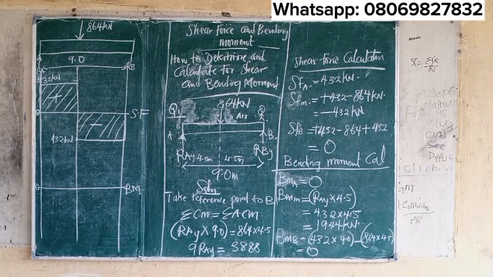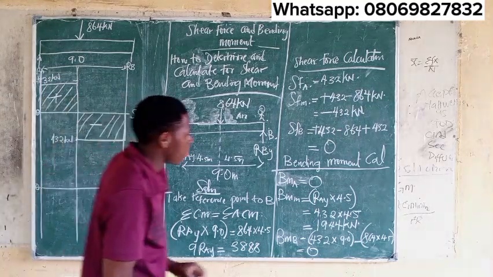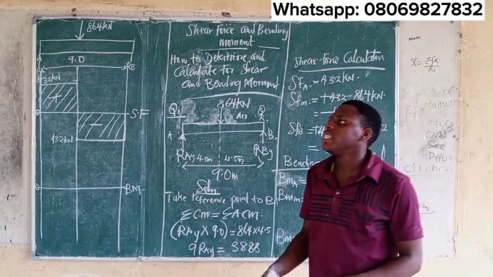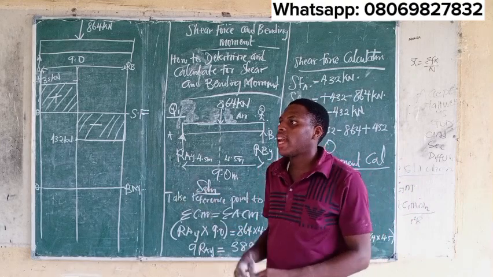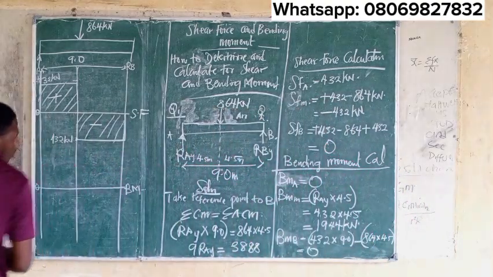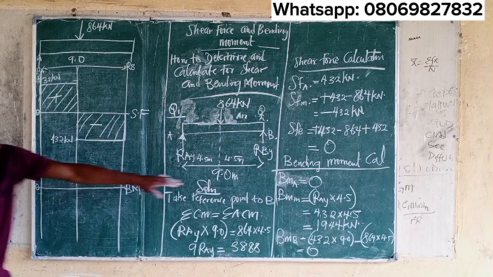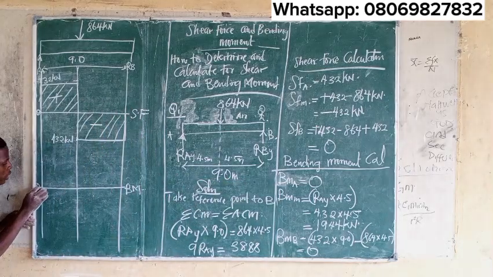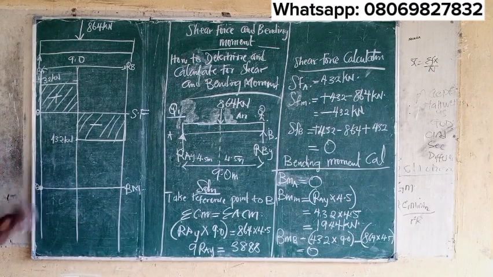And the next one is to get your bending moment diagram. Your bending moment diagram, we always represent it as a slanted line. How? The first one is bending moment at point A, it is 0. So bending moment at point A is at this point, 0.